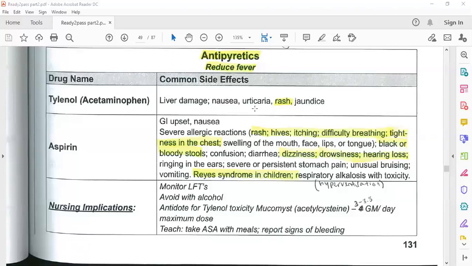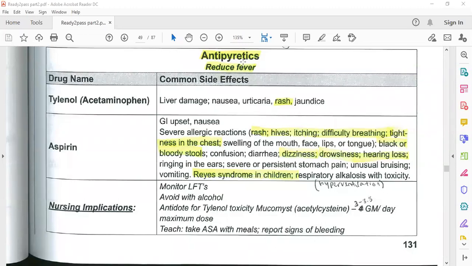If your patient has an overdose of acetaminophen, we have to have something to reduce the activity of the overdose, and this is called an antidote. So the antidote of acetaminophen is acetylcysteine. Acetylcysteine.